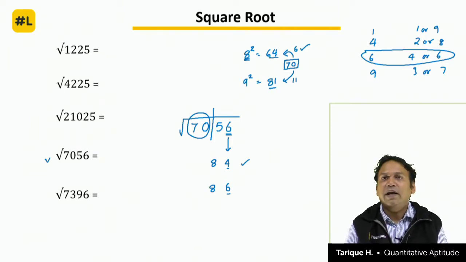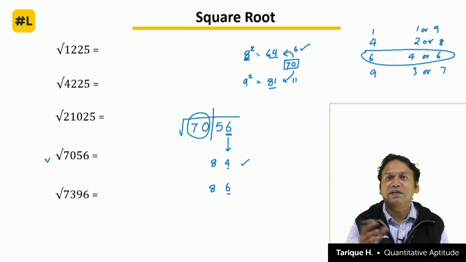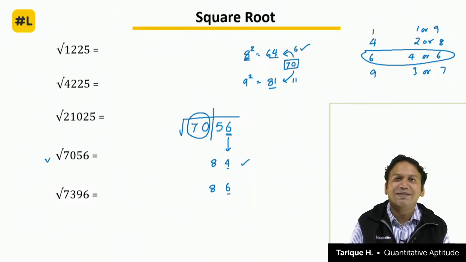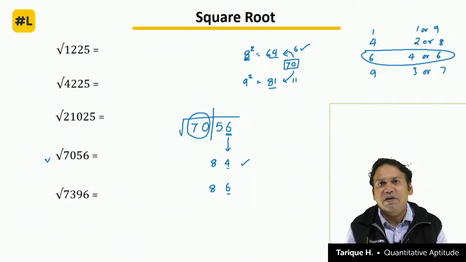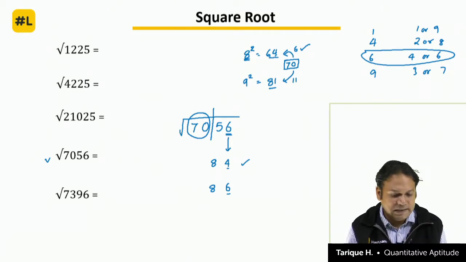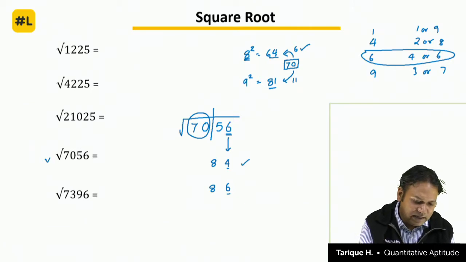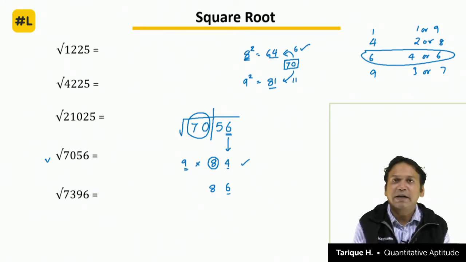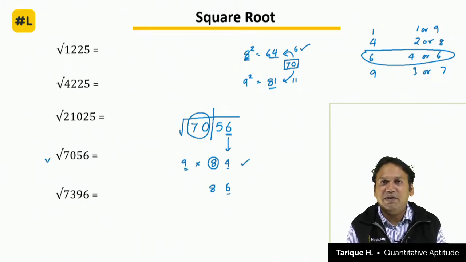That is one method. Another method, for example, in larger numbers it will not always be easy to quickly find out the difference from the lower square and the higher square. So one quick technique is that you take this number 8 and you multiply with the next number.